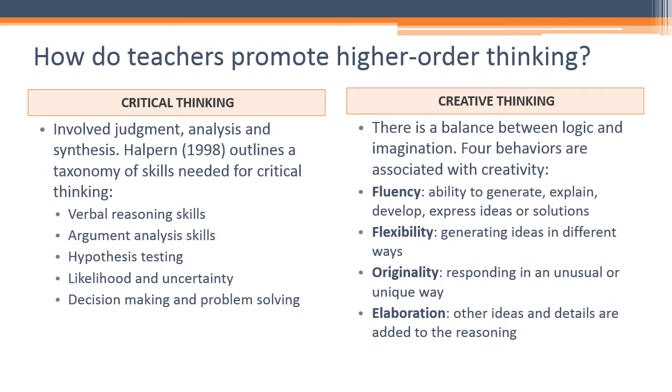So there are two general thinking skills related to higher order thinking. We have the critical thinking and we have the creative thinking. Though they might be the same in construct, they have quite a difference between critical thinking and creative thinking.